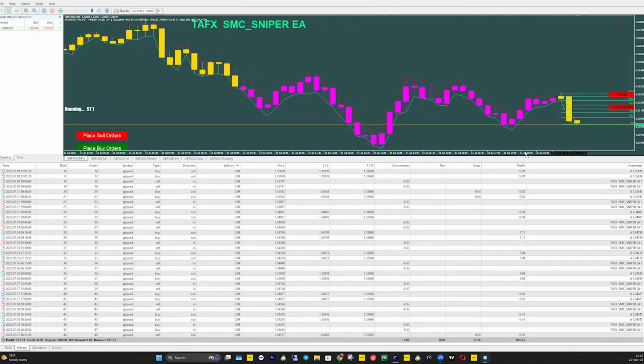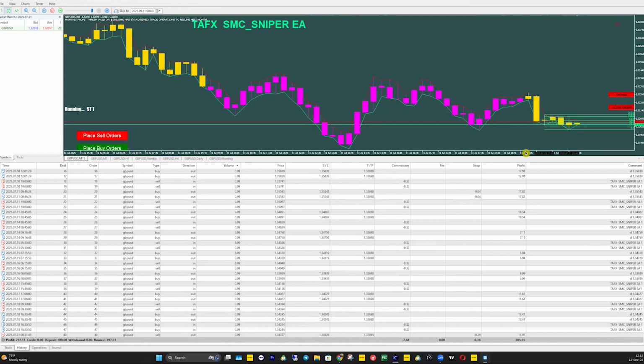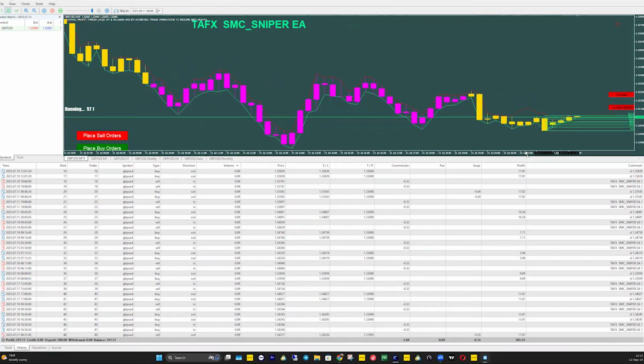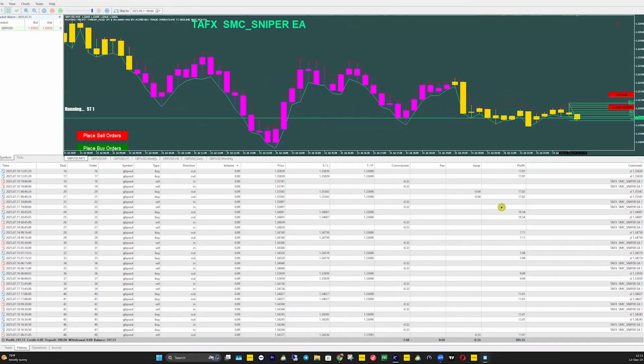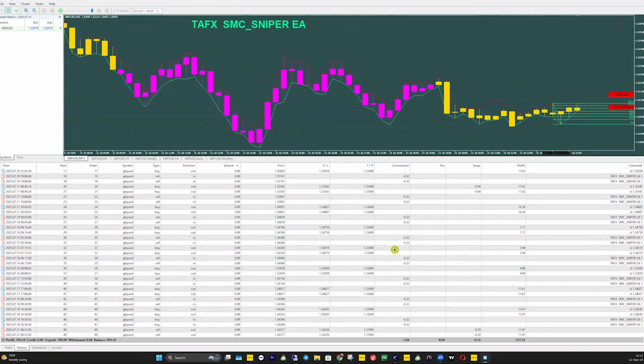Let's see if there will be a last signal. Oh my, oh my, oh my. And it's already done with the last signal with $317. Oh my, no stop loss that month.